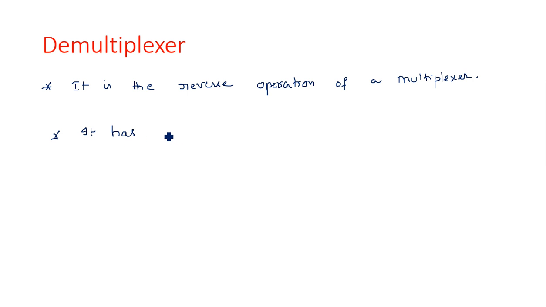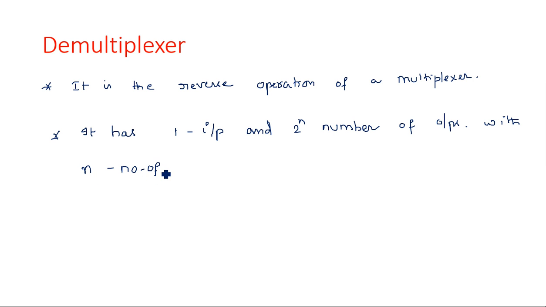So a demultiplexer has only one input and 2 power n number of outputs, with n number of selection lines, like your multiplexer.